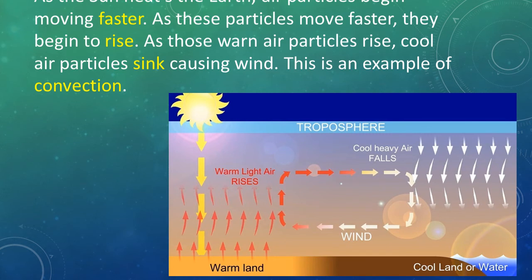Now, this causes wind. As those warm particles begin to rise due to the heating of the sun, they rise up, and then guess what? They begin to cool. As they cool, they sink, and they push that warm air over land.